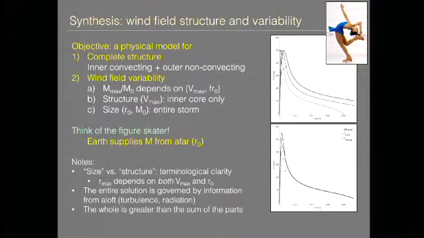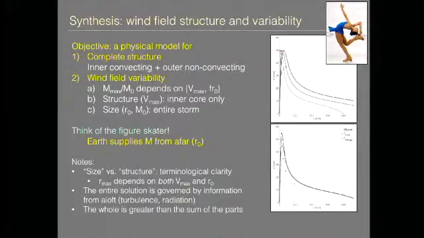But when it doesn't have physics in it, it's hard to say whether that model, trained on historical data, would apply to a different climate state. So having a model with physics embedded within it is really advantageous for understanding the actual physical phenomenon and how it might be affected by changes in the climate system.